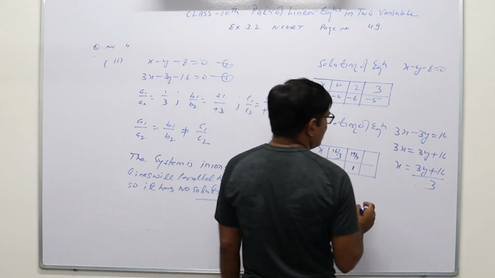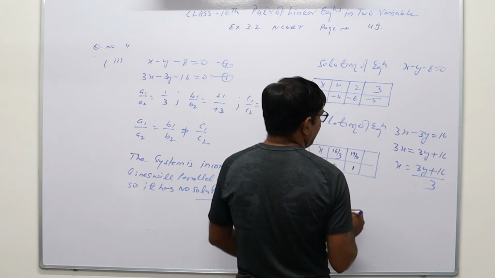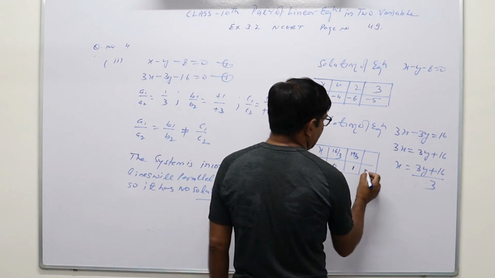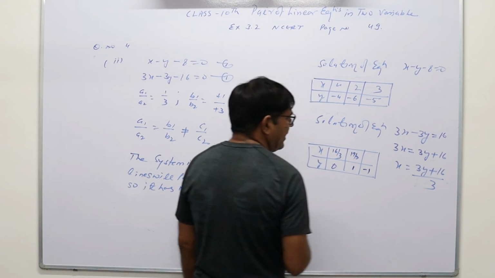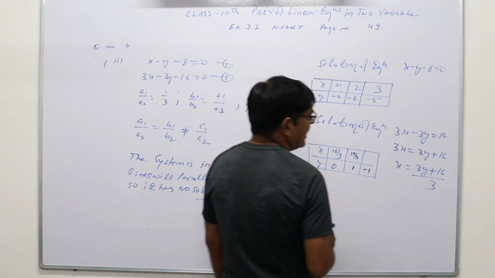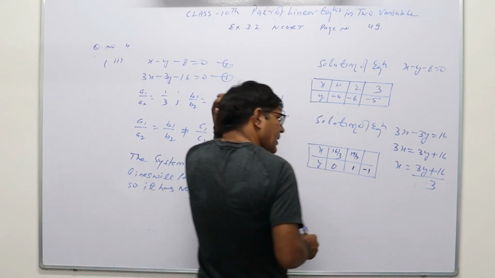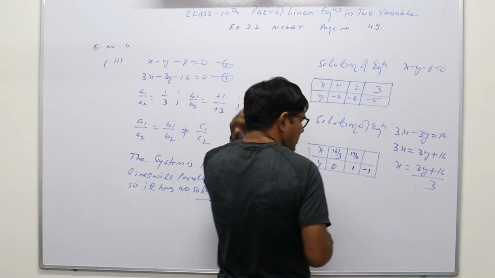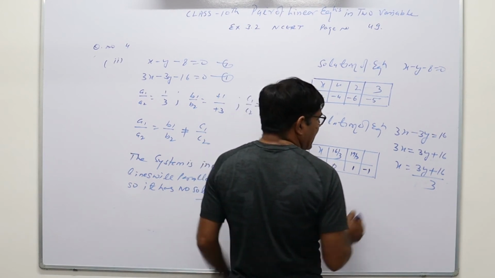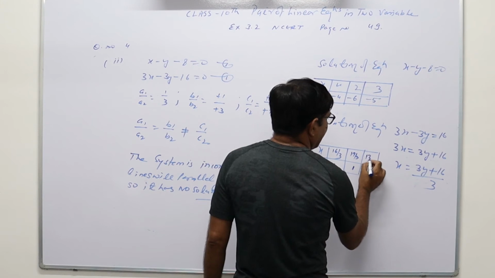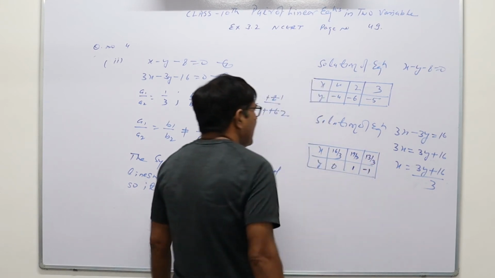And if we put y is equal to minus 1, then it will be minus 3 plus 16, so 13 by 3.